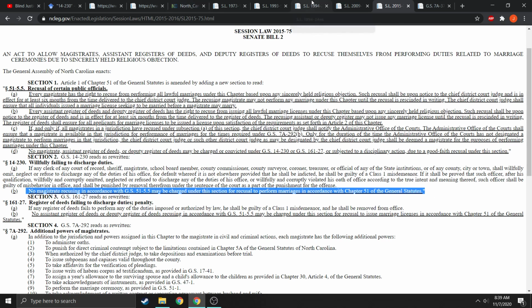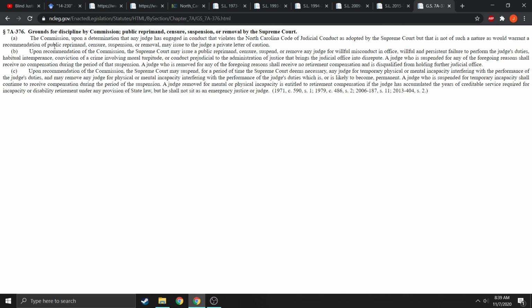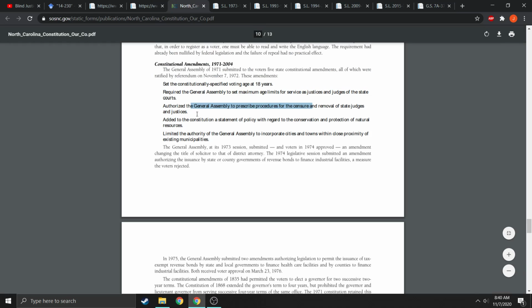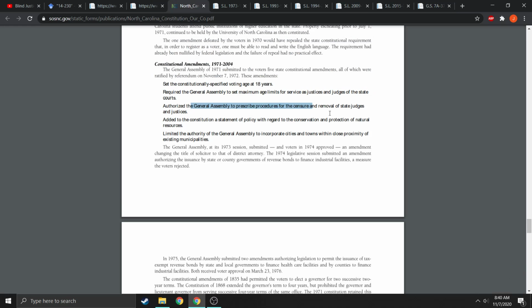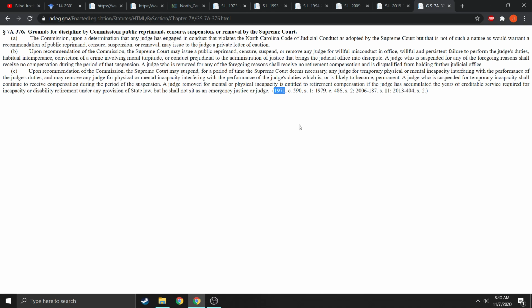So what did they change? Well, this right here is what they changed. They created a commission. And you can see this came into effect in 1971, conveniently at the same time the General Assembly became authorized to prescribe a procedure for the censure and removal of state judges. That's when this became effective.